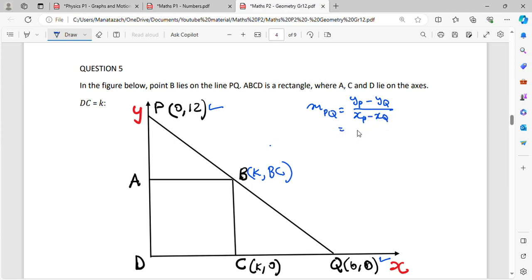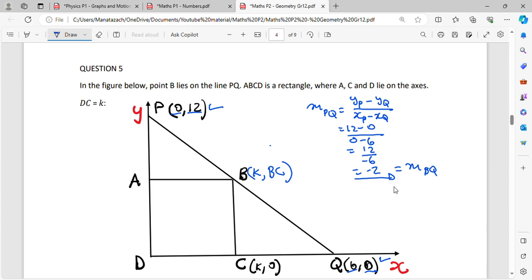So it will be equal to 12 minus 0, and then 0 minus 6, that will be 12 divided by minus 6. The gradient is minus 2. You must notice that this will be the same as the gradient for BQ, since it's the same straight line.